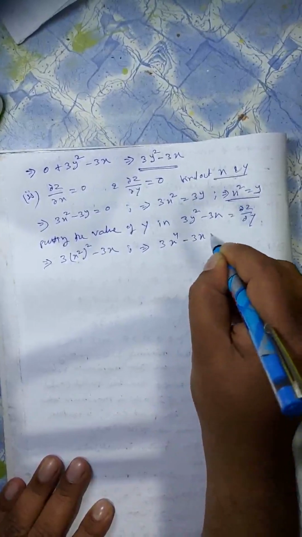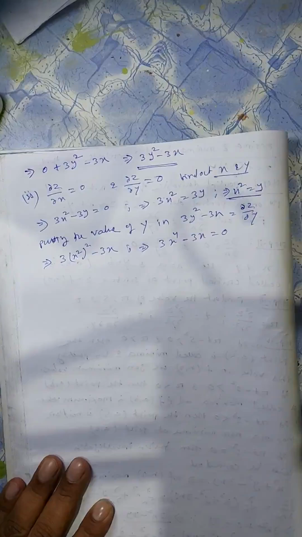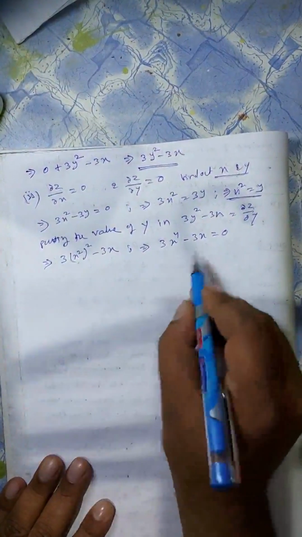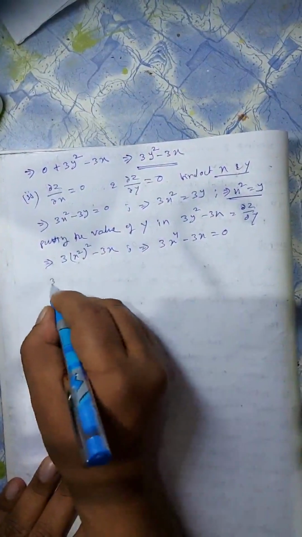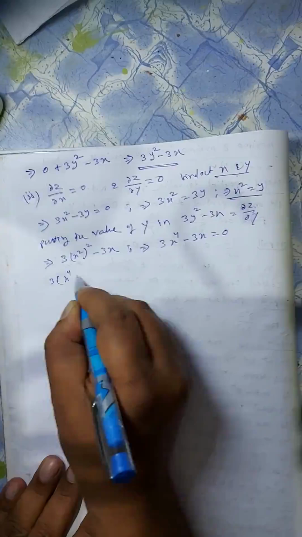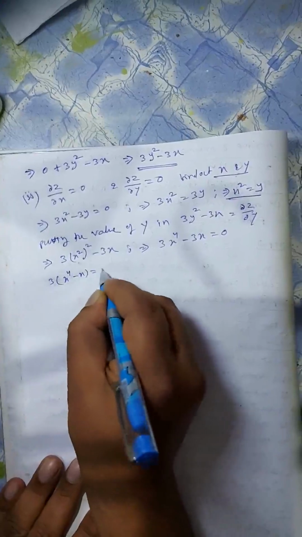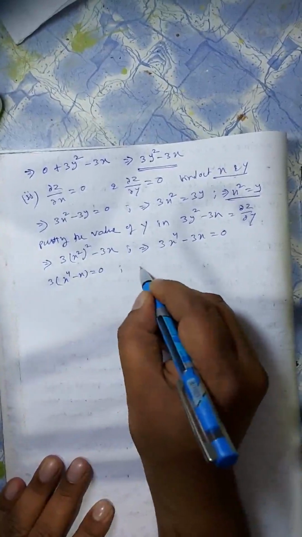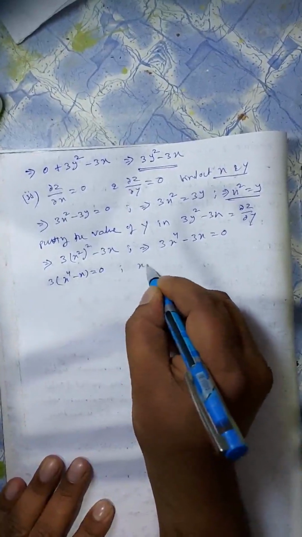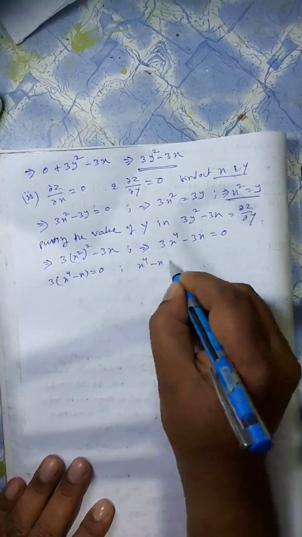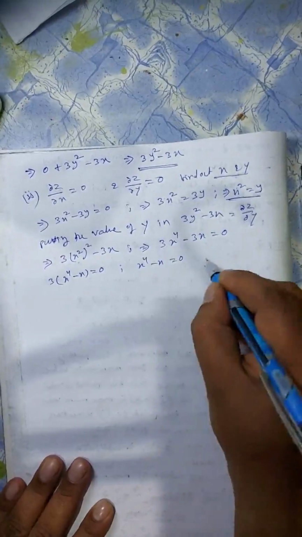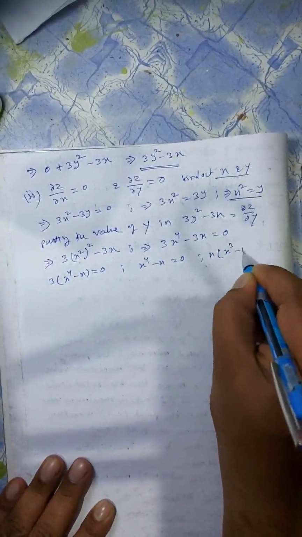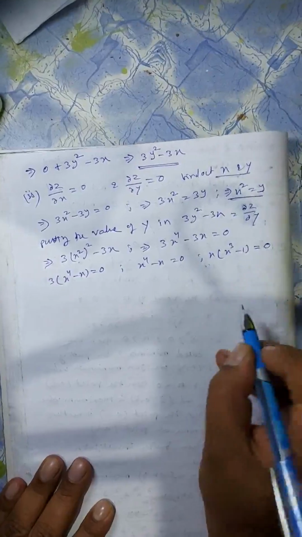We have to equate it to 0. Now take 3 common: x to the power 4 minus x is equal to 0. Take x common: x into x cube minus 1 is equal to 0.